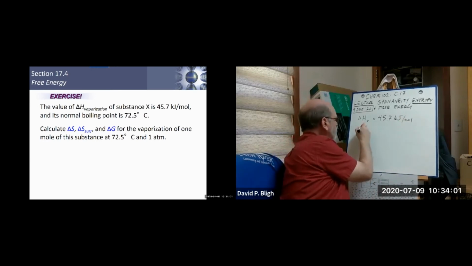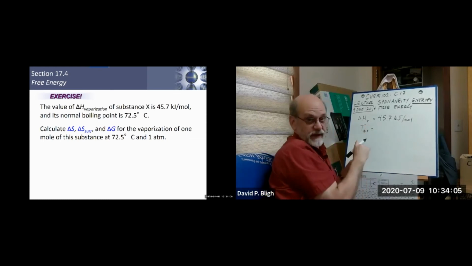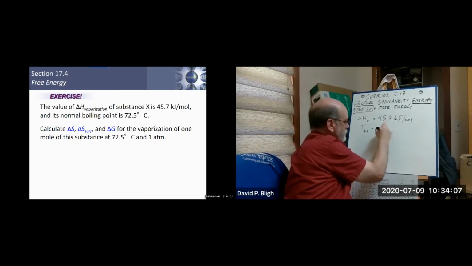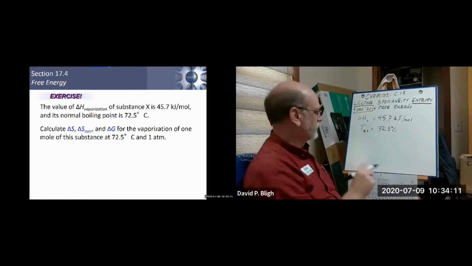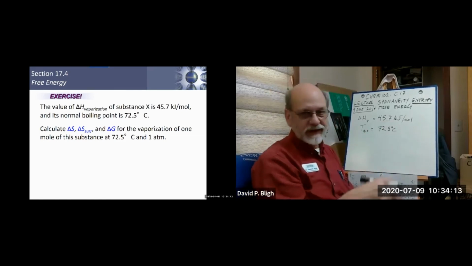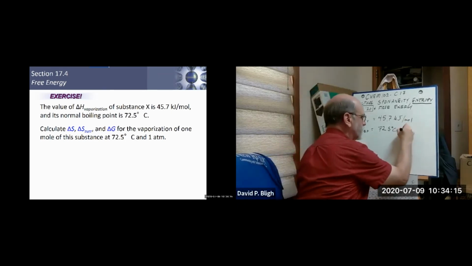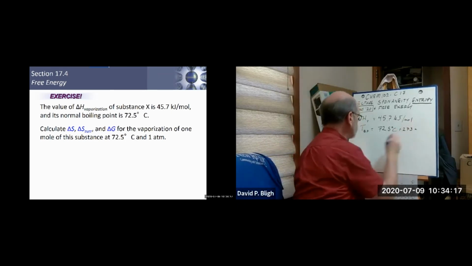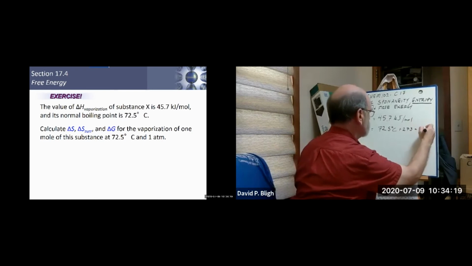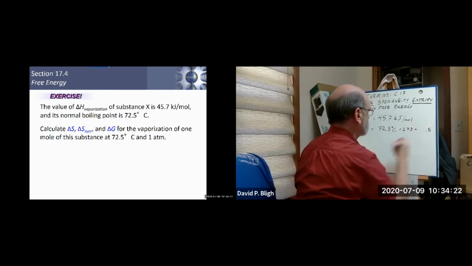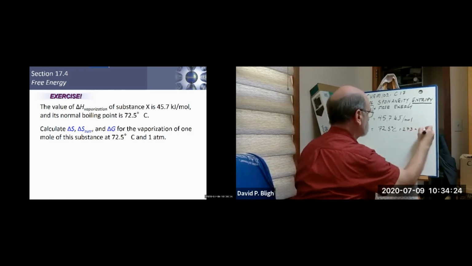And the boiling point, which is at this temperature, is 72.5 degrees centigrade. We're going to need Kelvin anyway, so let's just go ahead and add 273. So that would be 345 K.